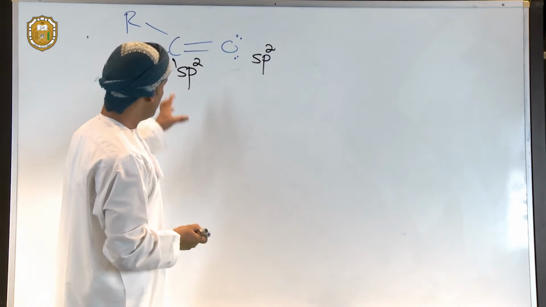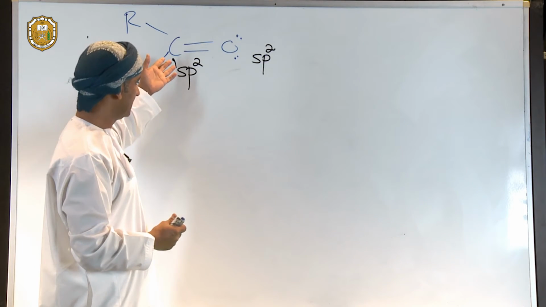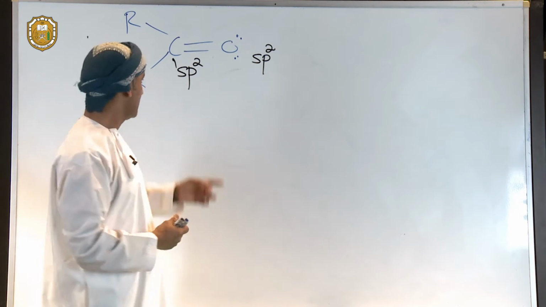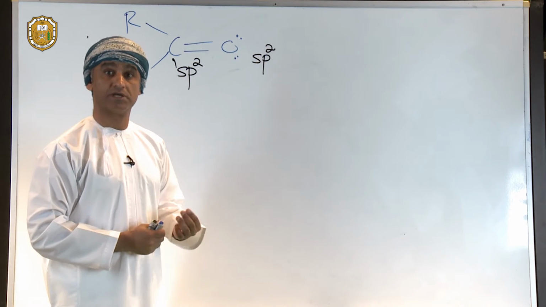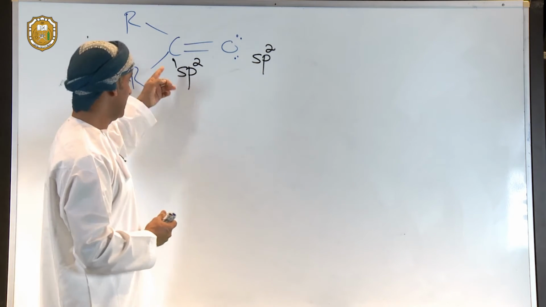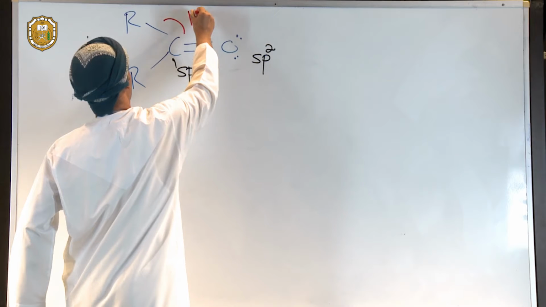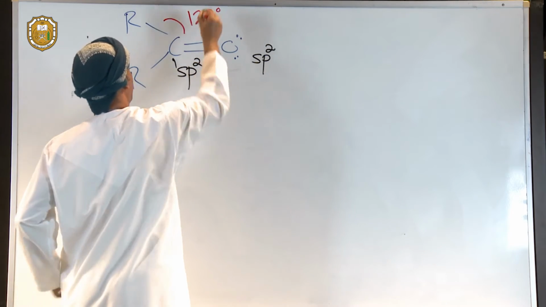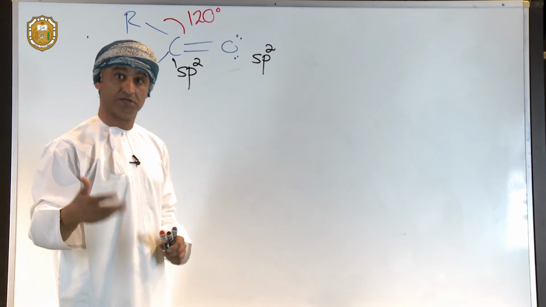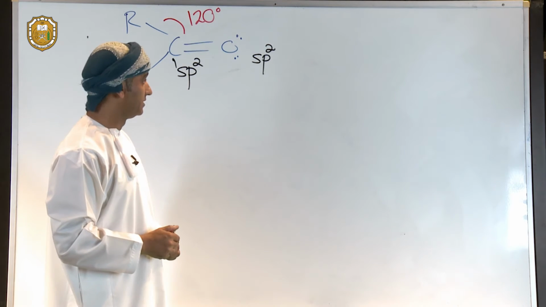Now, because of the hybridization type, the overall arrangement of electron pairs around carbon in the carbonyl group is trigonal planar, and also the molecular shape, because there is no lone pair. Therefore, the bond angle is actually about 120 degrees because of the trigonal planar geometry around carbon.